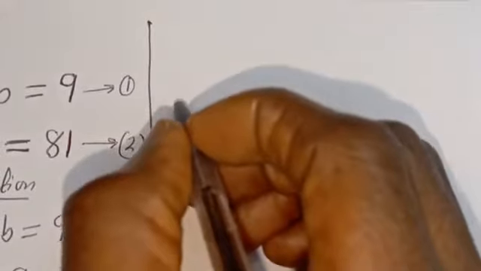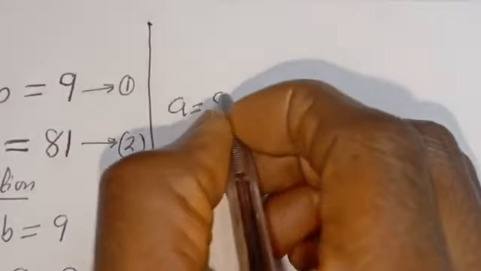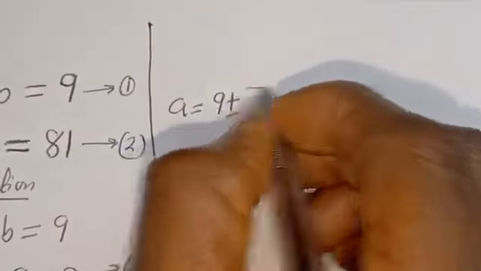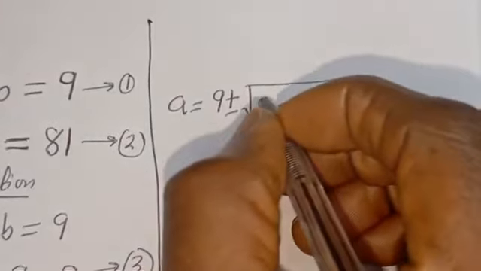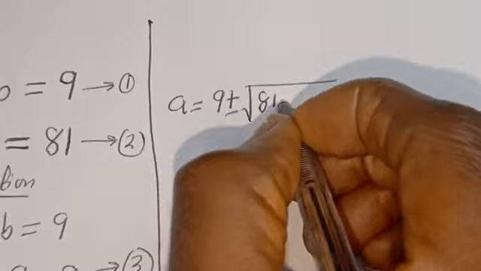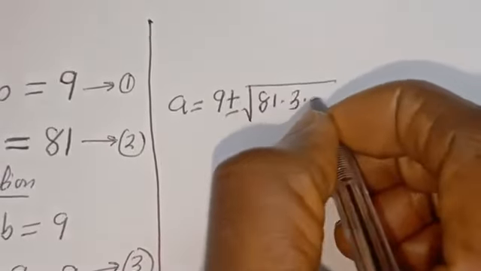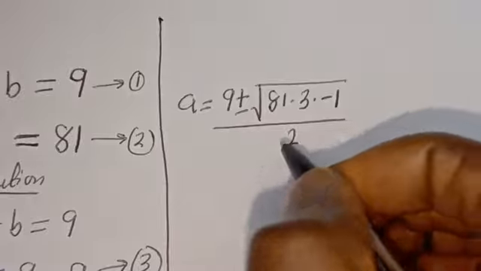Then a is equal to minus times minus 9, that is 9, plus or minus square root of minus 243, which can be written as 81 multiplied by 3 multiplied by minus 1, divided by 2.